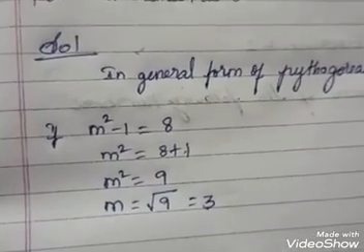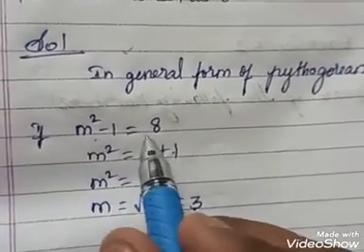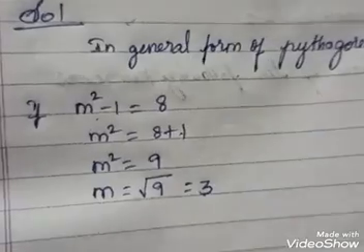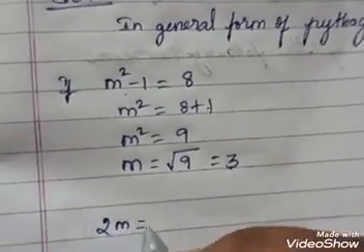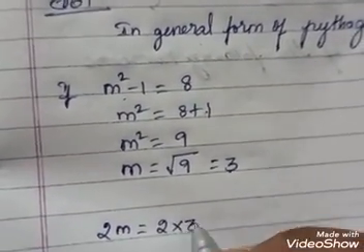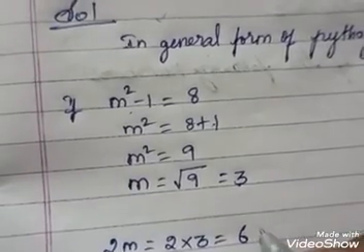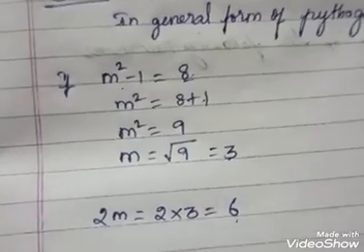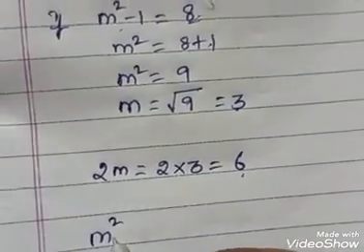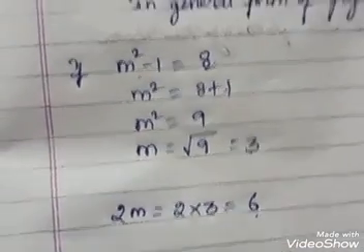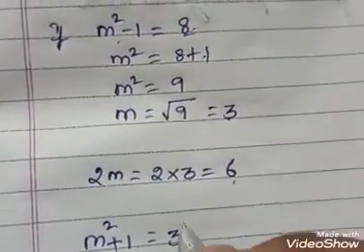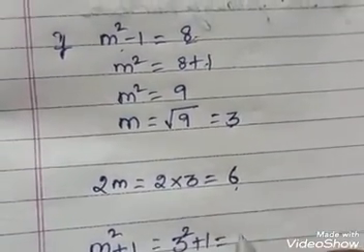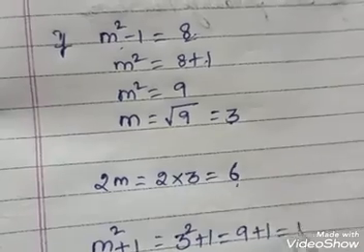Already we know that m square minus 1 is 8. We need to find 2m. 2m means 2 into 3, which is equal to 6. So one of the numbers is 8 and another number is 6. Next we take m square plus 1. m square plus 1 means 3 square plus 1, 9 plus 1, which is equal to 10.